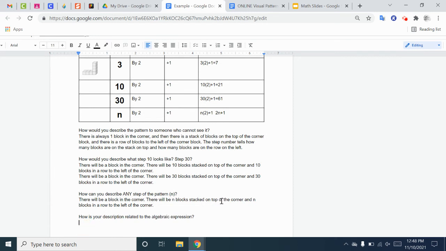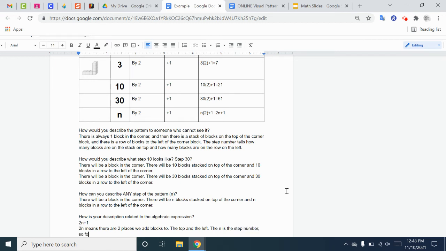So how is my description related to the algebraic expression? Well, my algebraic expression is 2n plus 1. The 2n means there are 2 places we add blocks to, the top and the left. n is the step number.